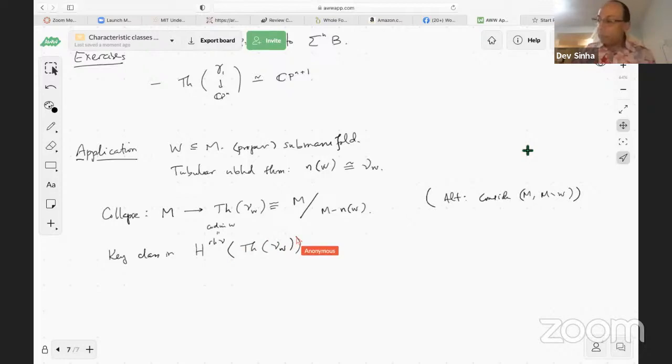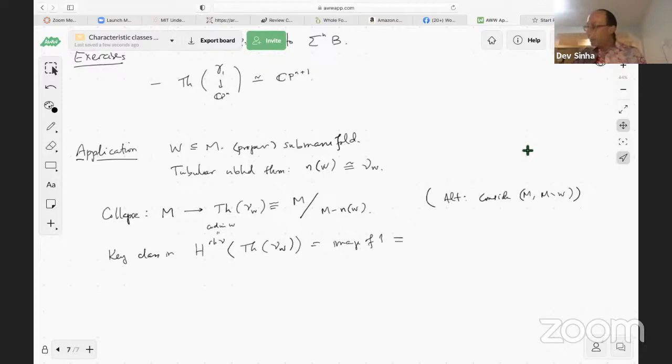And what is that? Well, it's the image of 1 in this isomorphism that we're claiming is with this free module of rank 1 with the cohomology of W. So it would be corresponding to the unit class in the cohomology of W, but now it's this class in the cohomology of the Thom space.